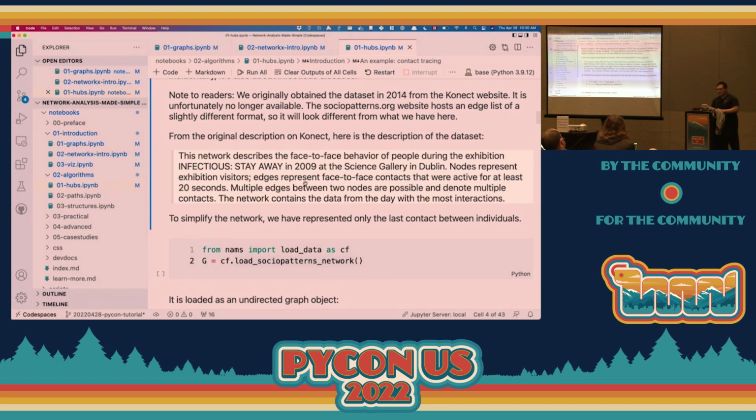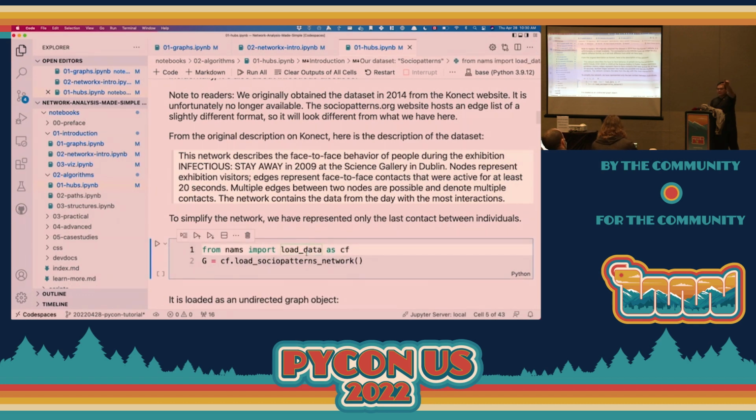And just a sanity check, in this case, is the data model of a directed graph or an undirected graph a little bit more appropriate? Undirected, right? And the reason is that if I have face-to-face contact with you for 20 seconds, you automatically have face-to-face contact with me for 20 seconds.